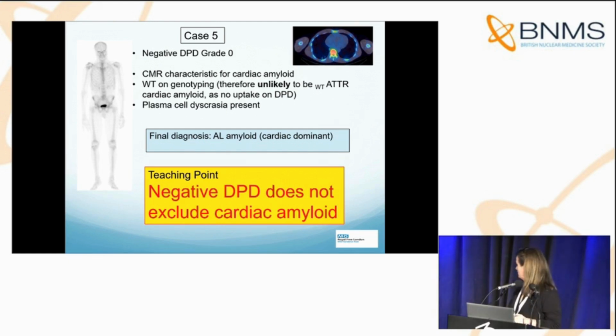With this patient, the DPD scan is grade 0, so we can be confident that they don't have ATTR amyloidosis, but as we know, they may well have AL amyloidosis, and if this patient has a characteristic CMR for cardiac amyloidosis, when the heart is involved, we know that time is of the essence, and they urgently need to have a diagnosis made so that they can start treatment for their AL amyloidosis, because once the heart is involved in AL amyloidosis, they only have months to live.